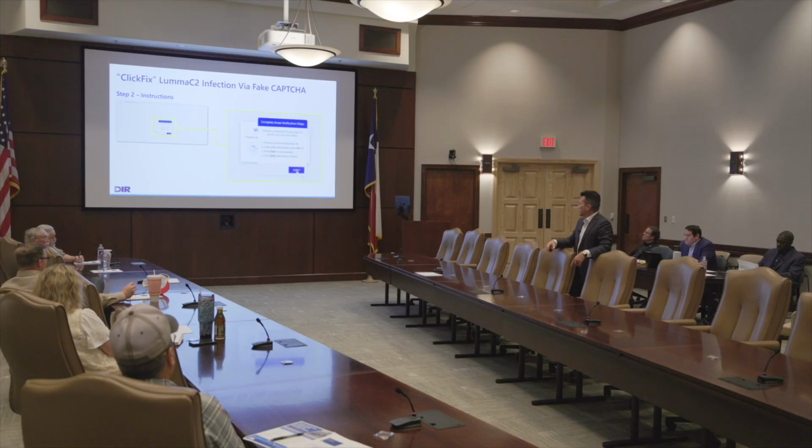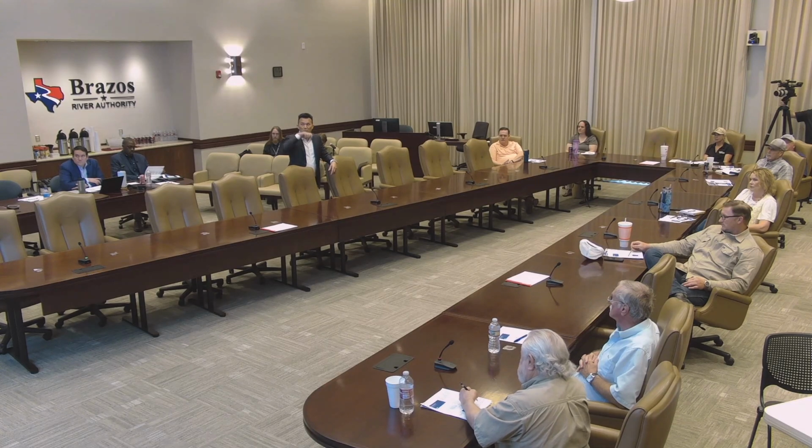Normally people are familiar with the picture graphics that you may see, identify the cars or bridges or crosswalks and so on and so forth. In this particular one, it was asking them to do a particular activity, and that's kind of what I was mentioning earlier about paying attention to things that are out of the ordinary. In this particular case, it was prompting the individual to run some commands to run a script.